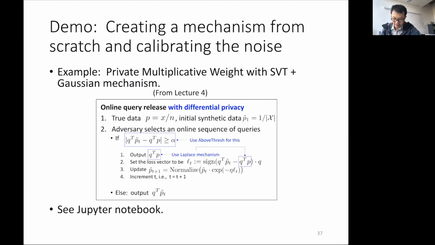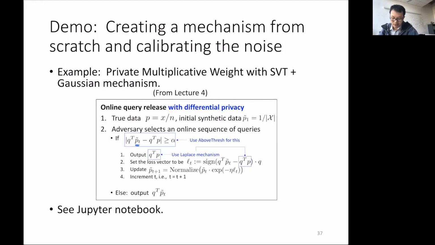I guess this algorithm will try to create a synthetic data set, and we test whether the answer is already accurate based on the synthetic data set, using a private noisy version, an approximate test, by adding Laplace noise to the threshold.